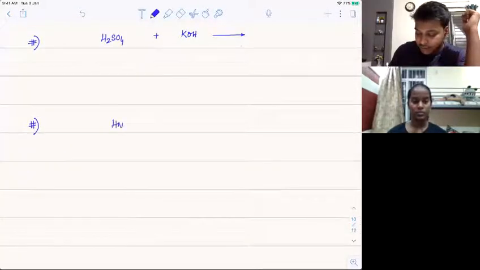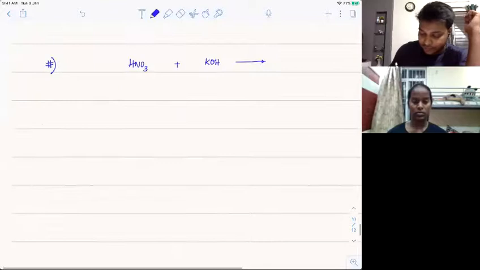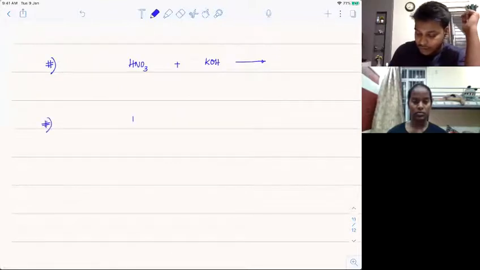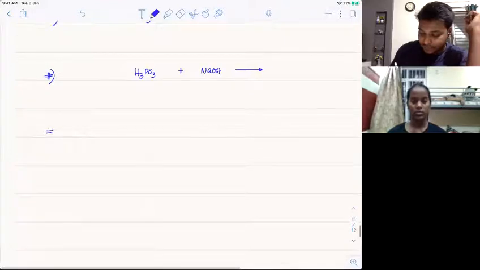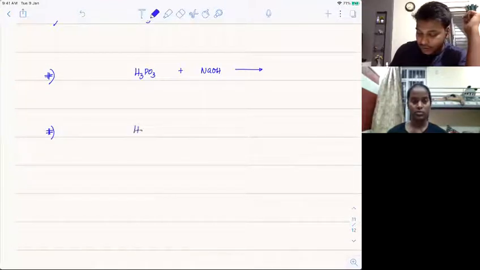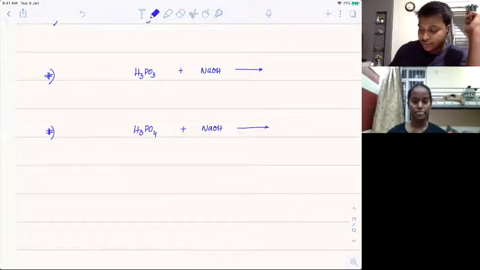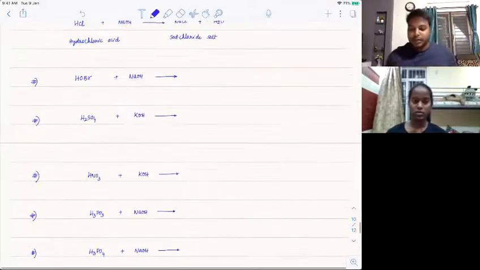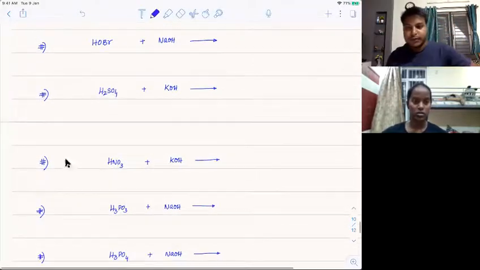Similarly, HNO3, treating with KOH. What do I get? H3PO3 plus NaOH. What do I get? H3PO4 plus NaOH. What do I get? Let us figure out on this.